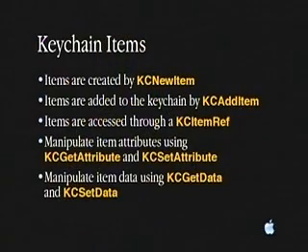So the basic API routines at that layer, like I said, give you a lot of flexibility. If you want to just create a new item without adding it to a particular keychain, you'll use new item. Add item, of course, adds an item to a particular keychain. Always, you're going to access an item through a reference called a KC item ref.